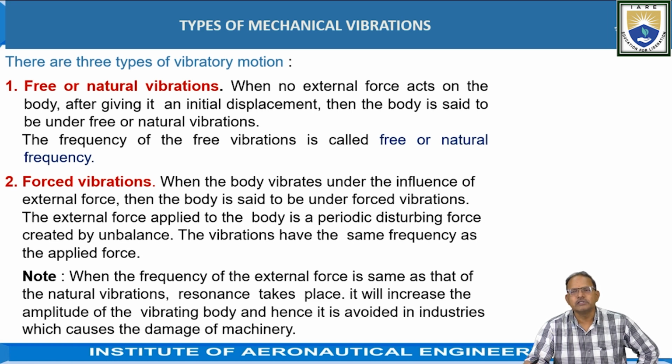The external force applied on the body is a periodic disturbance. That means it acts on the body at every cycle. That is, the frequency of the disturbing force is equal to the frequency of the vibrating body. This frequency is called the forced vibration frequency.